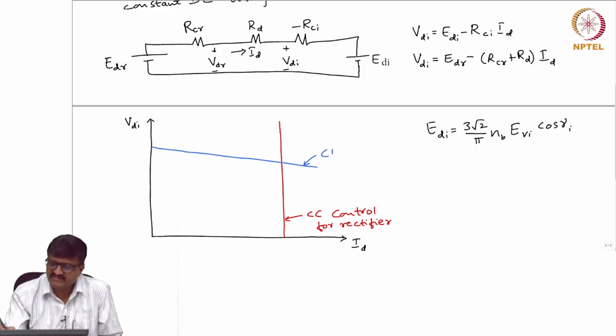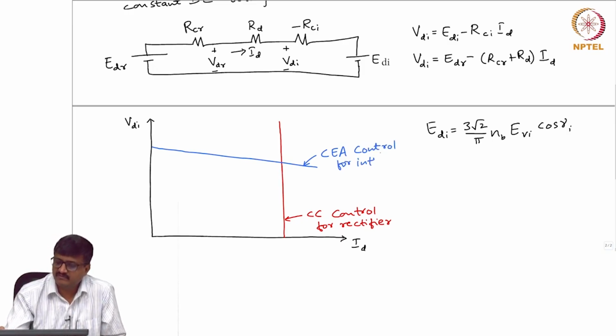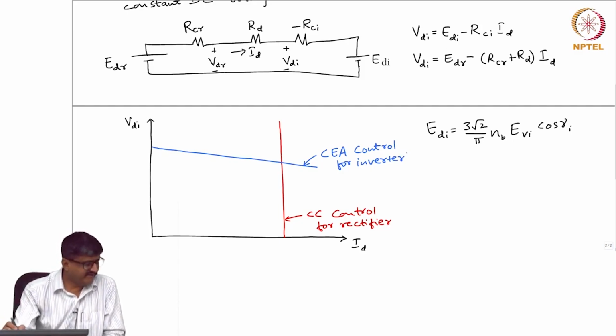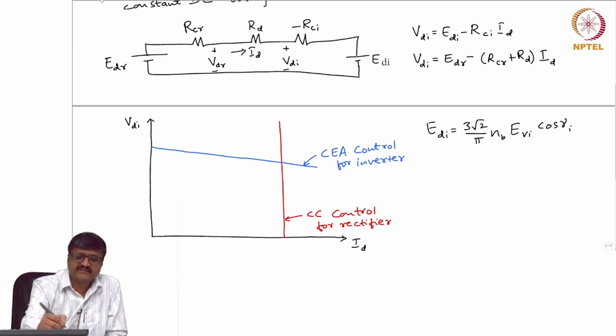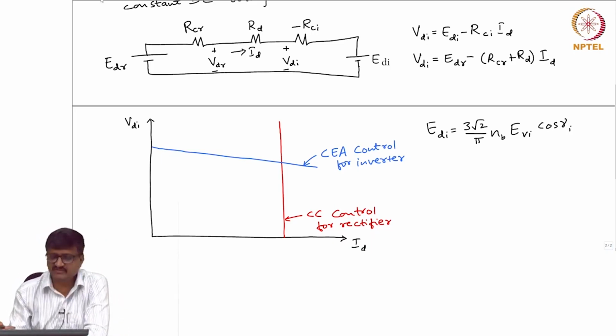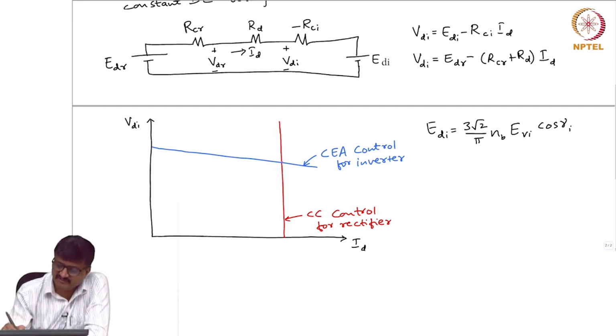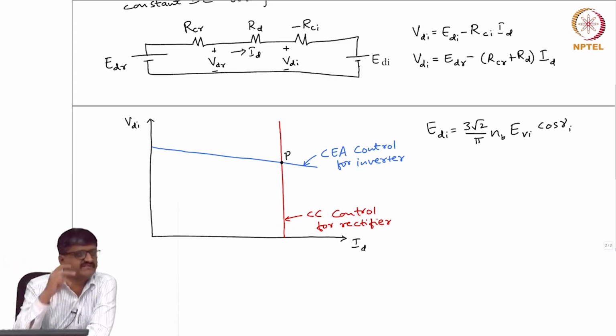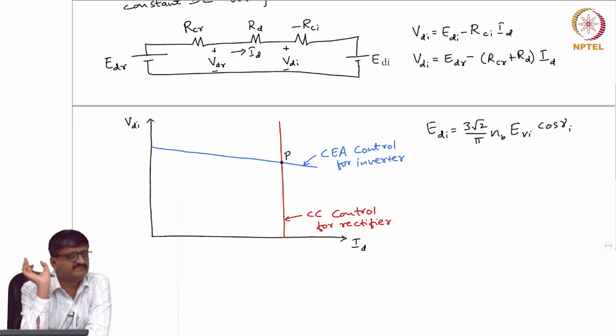So, this is CEA control for the inverter. That means the point of operation is the intersection of these two characteristics. These two are steady state characteristics. At this point P, the system operates. The values of VDI and ID are obtained from the intersection of these two straight lines. Is that clear?